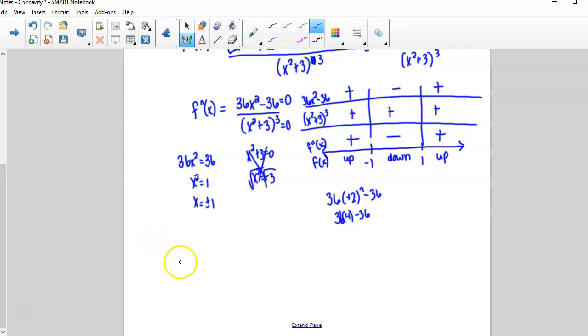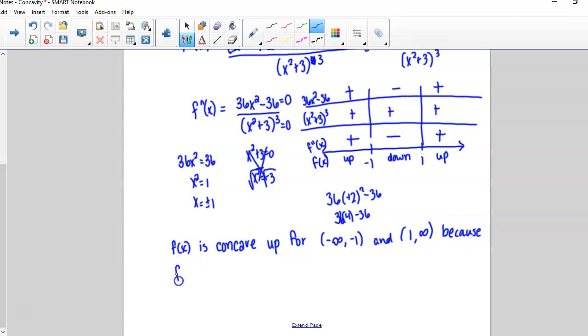So we would say, and you have to write this whole thing out if it's free response, you have to say f of x is concave up for negative infinity to negative 1 and 1 to infinity, because f double prime of x is positive.